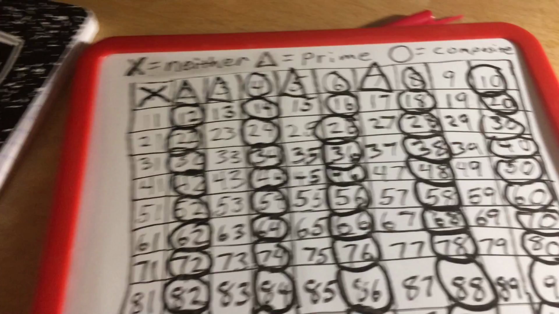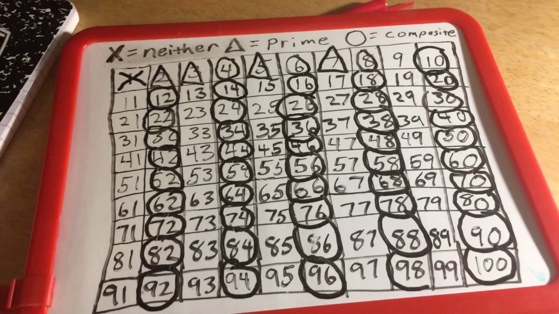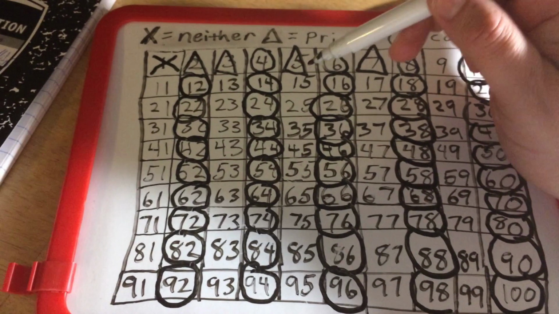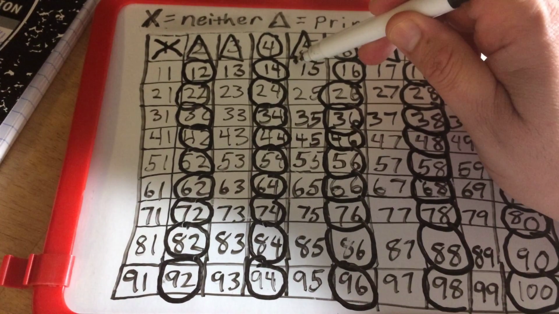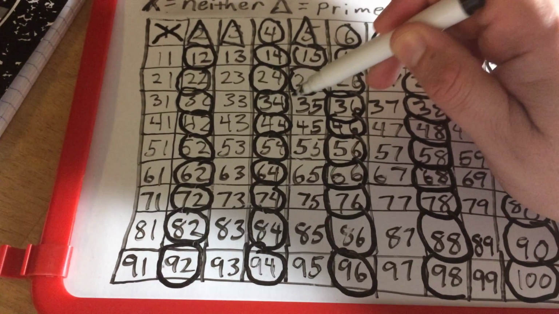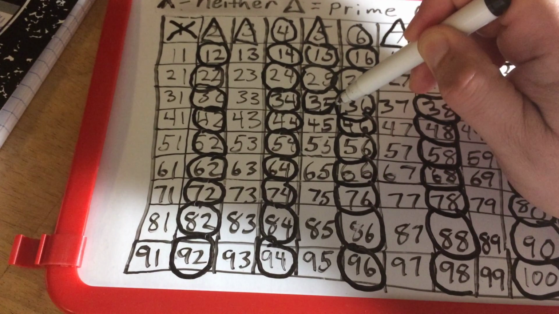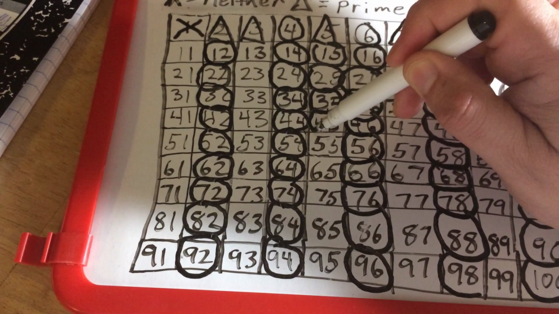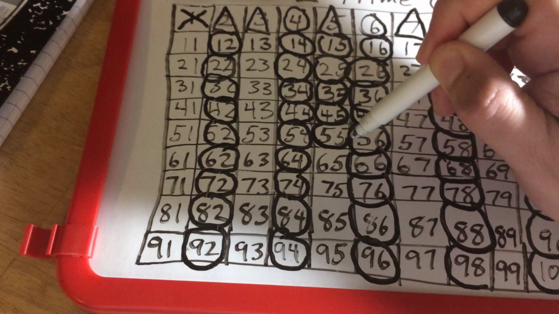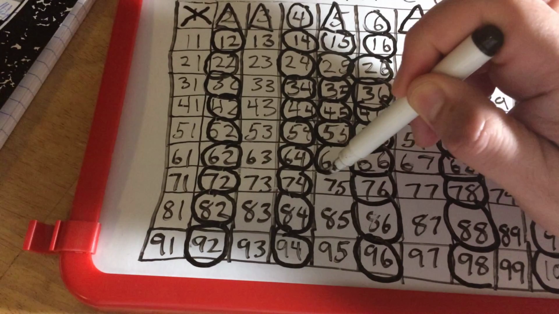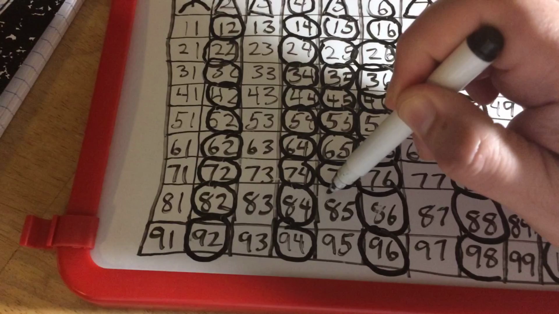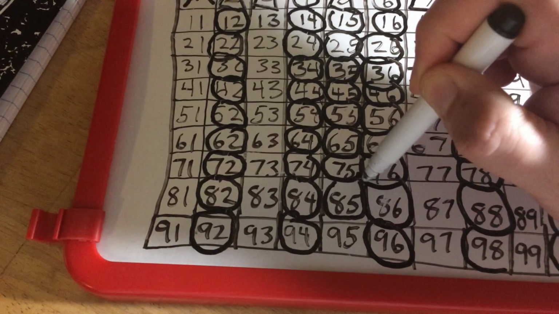Don't count 5 though. But see, after this point, you have them all right here in one single column. Nowhere else, just here. So then you just circle all of these. Look at that. You've just eliminated half of all of the composites that you need to identify. And this will help you to identify the primes, because you got half of them out of the way already. Boom.